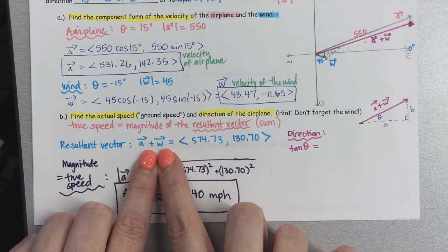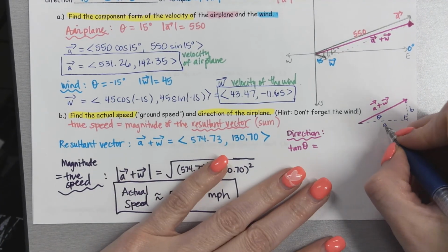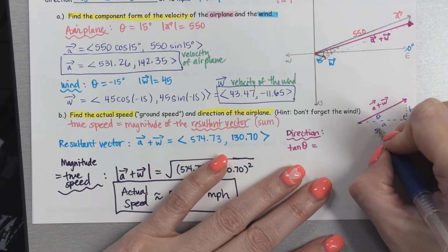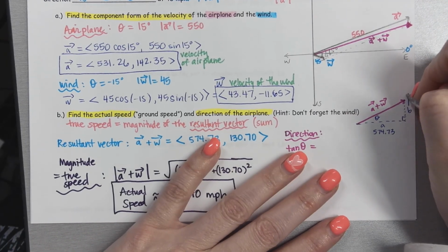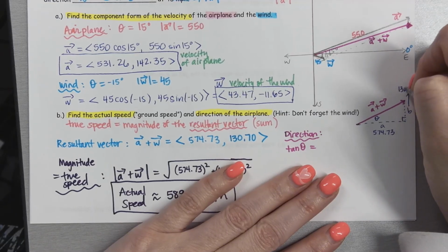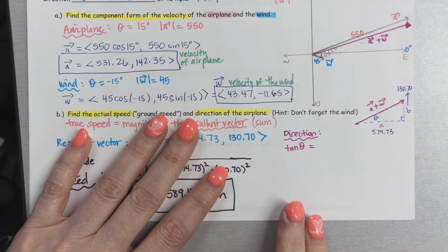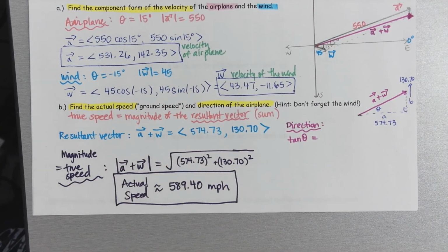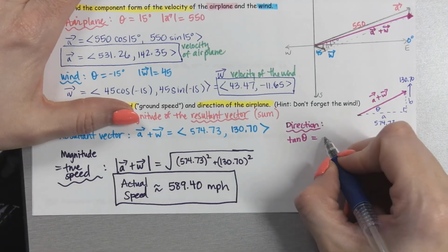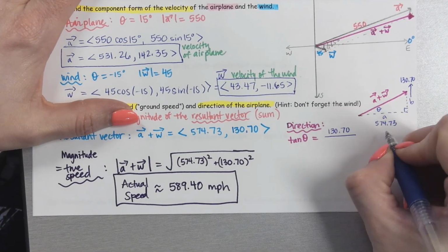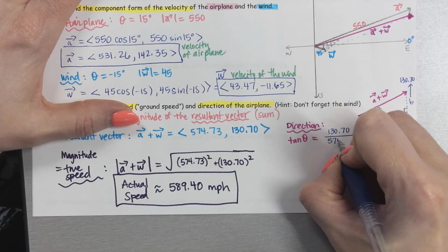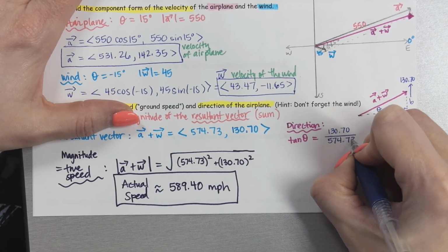This is your A plus W. So A, the horizontal, is 574.73. B, the vertical, is 130.70. So when you set up this fraction, the B is 130.70 over the 574.73.